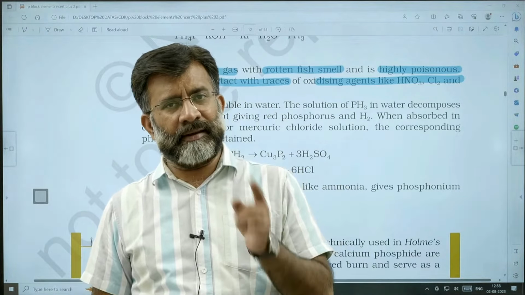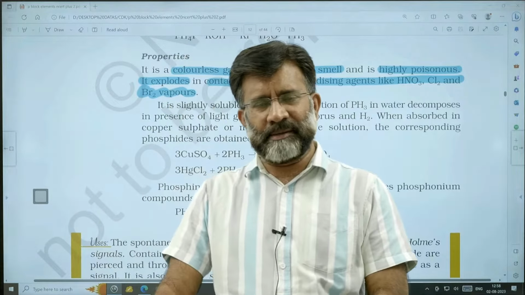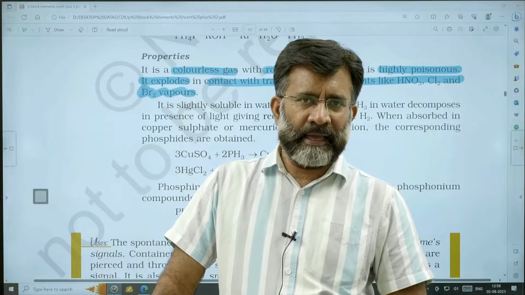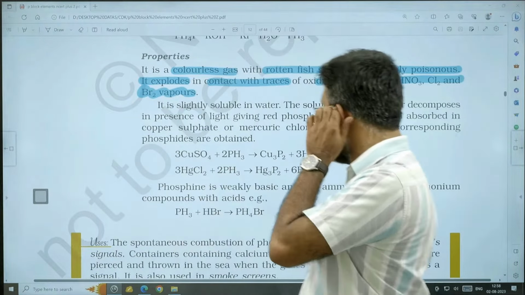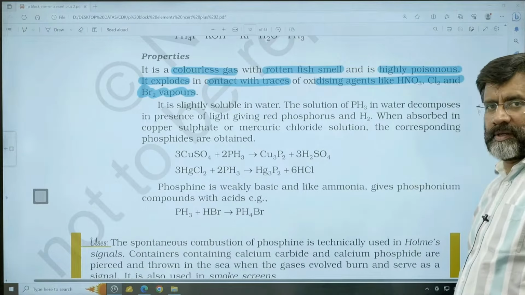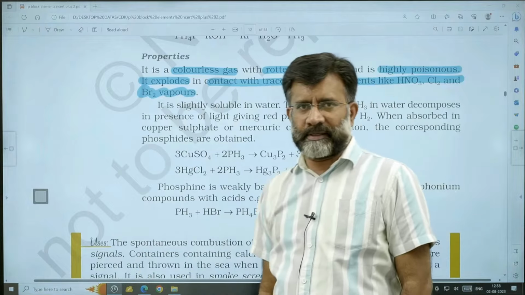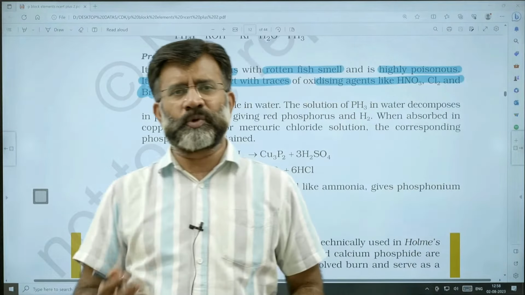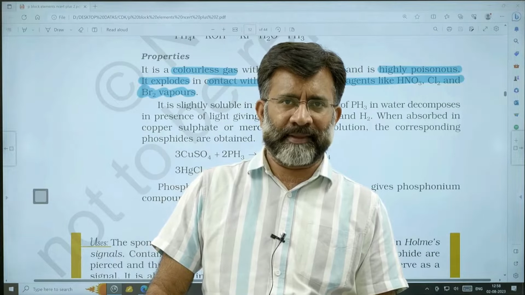Down the group, for hydrides of the nitrogen family, the reducing property increases. Being a good reducing agent, it interacts with strong oxidizing agents. Nitric acid, chlorine and bromine are good oxidizing agents. There will be an explosive reaction between them. Right?